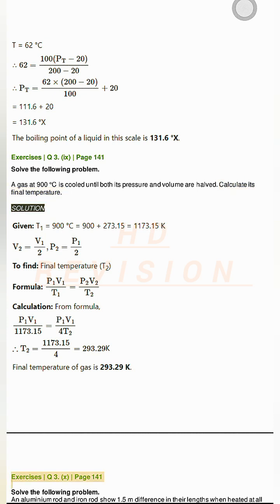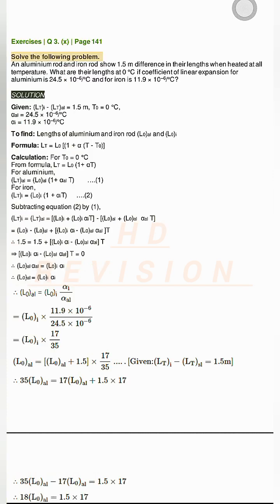Exercises Q3. X page 141. Solve the following problem. An aluminium rod and an iron rod show a 1.5 meters difference in their lengths when heated at all temperatures. What are their lengths at 0 degrees Celsius if the coefficient of linear expansion for aluminium is 24.5 times 10 to the power minus 6 per degree Celsius and for iron is 11.9 times 10 to the power minus 6 per degree Celsius?